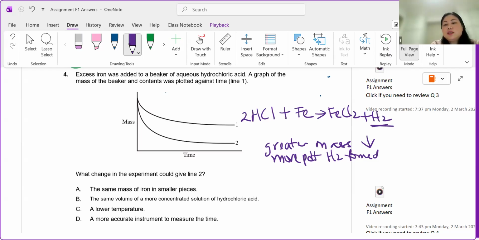So we are seeing more hydrogen gas, so more mass decrease. The mass decrease for 1 is so much, whereas the mass decrease for 2 is so much. So we're seeing a greater decrease.